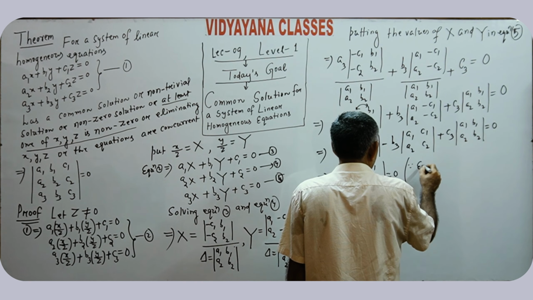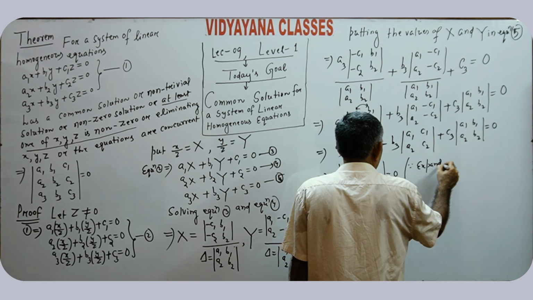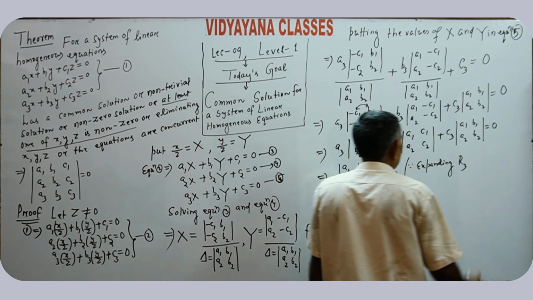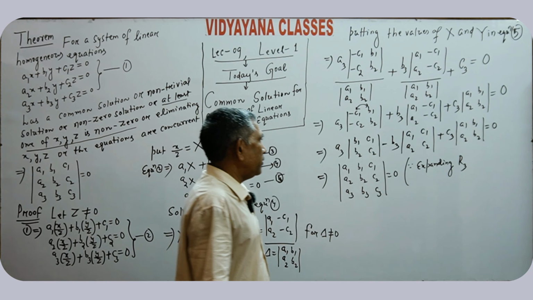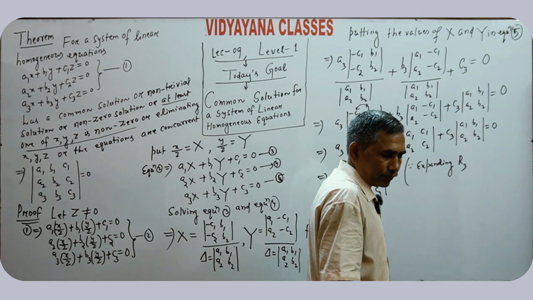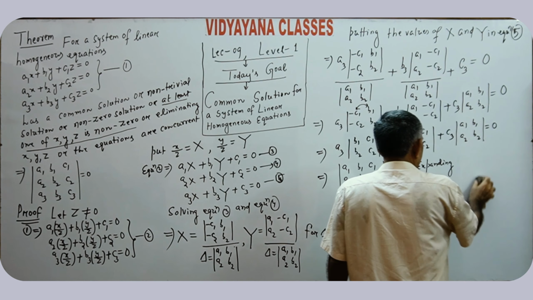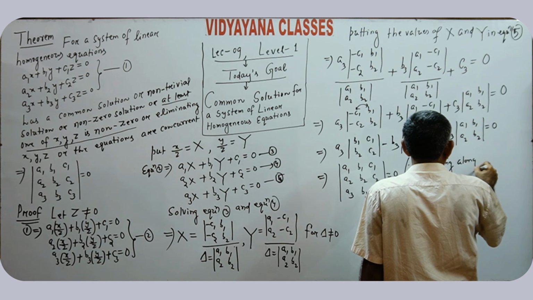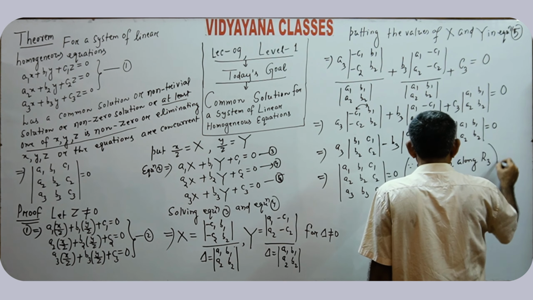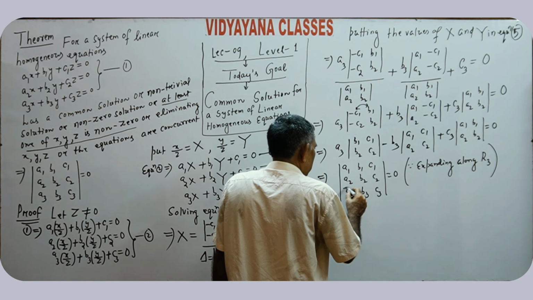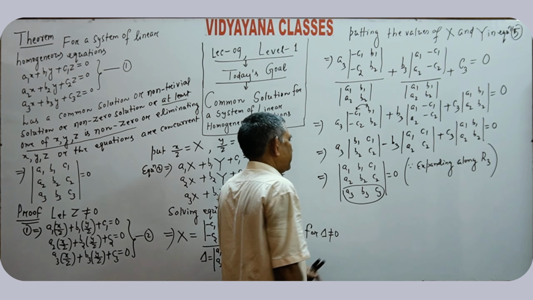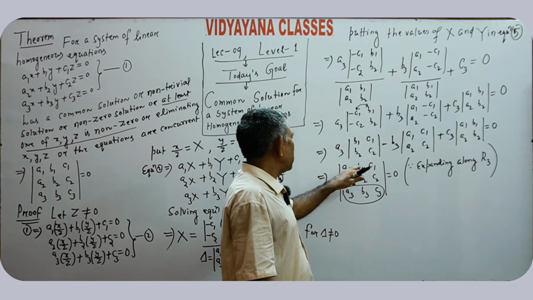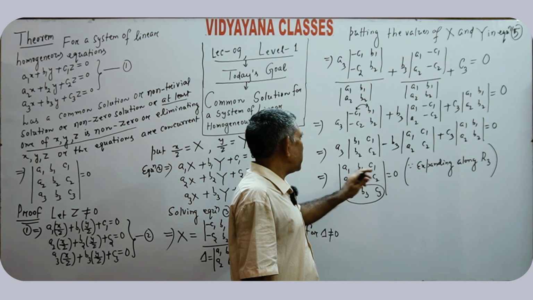Expanding along row 3, it gives the above result: A3 into the determinant B1, B2, C1, C2.